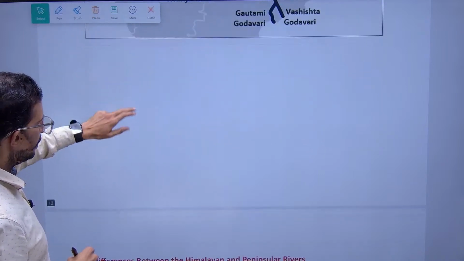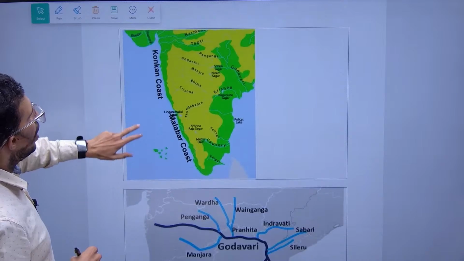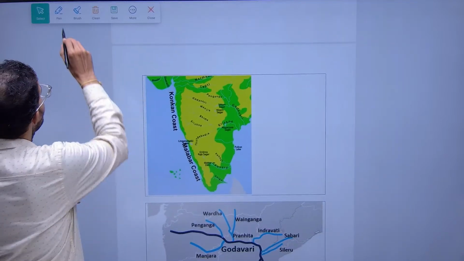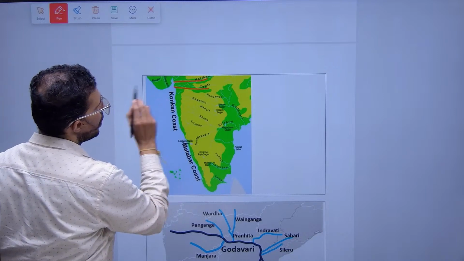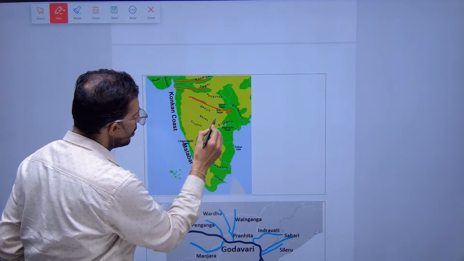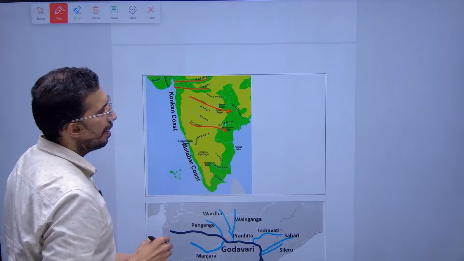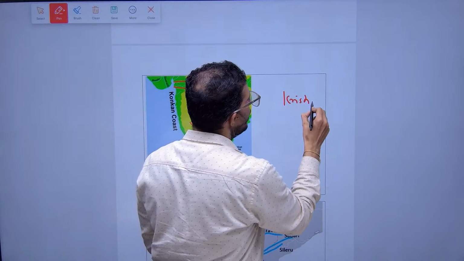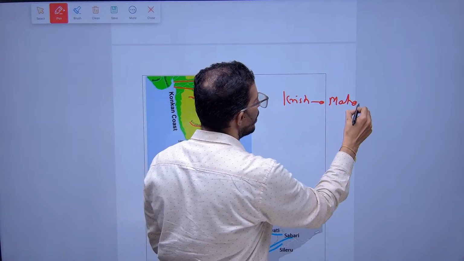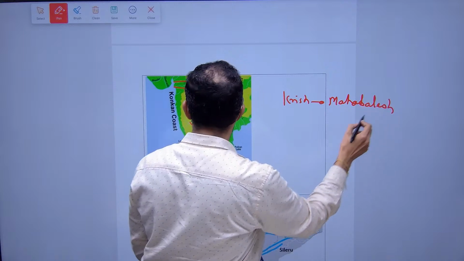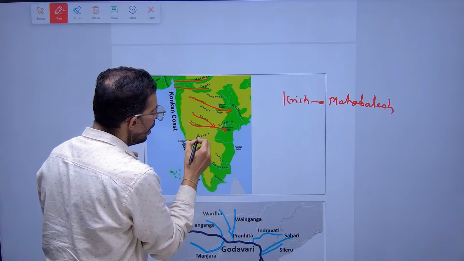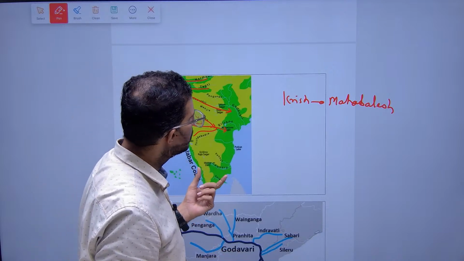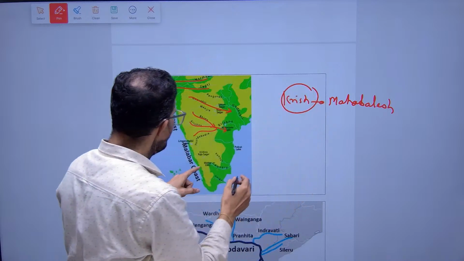Then observe this. Now we have seen the Narmada, Tapi west flowing rivers. Then we have seen the Godavari river system. This is the Krishna. Krishna originates in Mahabaleshwar and it is joined by the Bhima river, Koyna river, Panchganga river, and this is the Kaveri river.